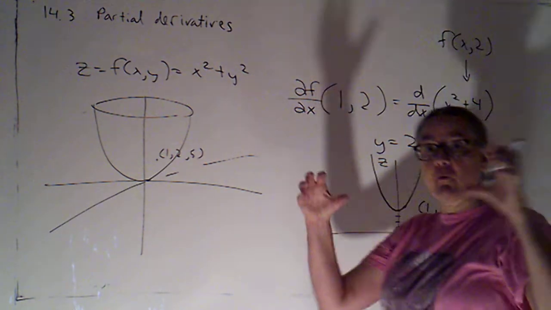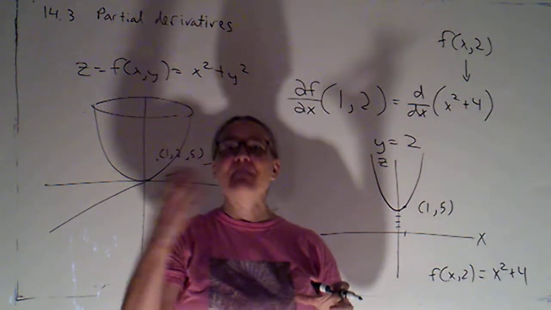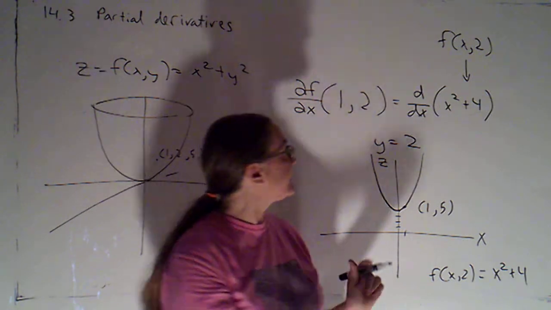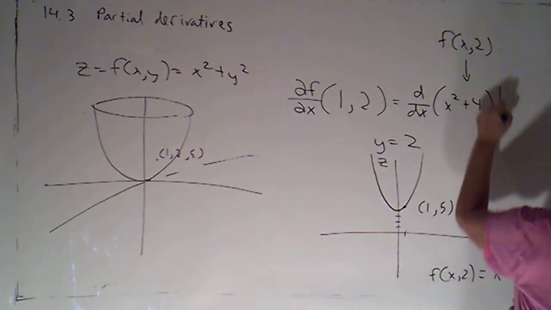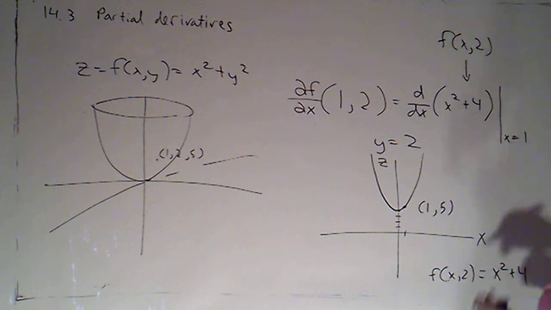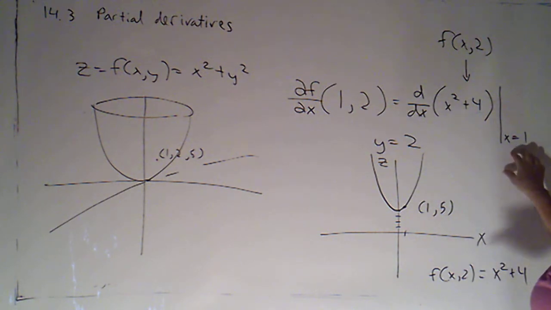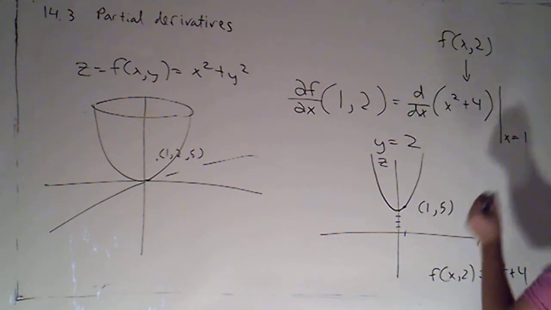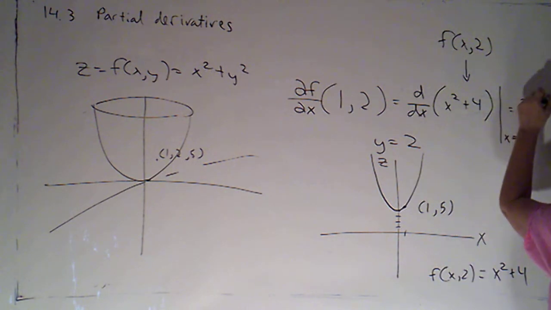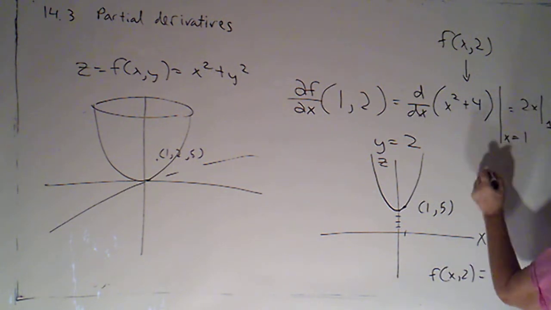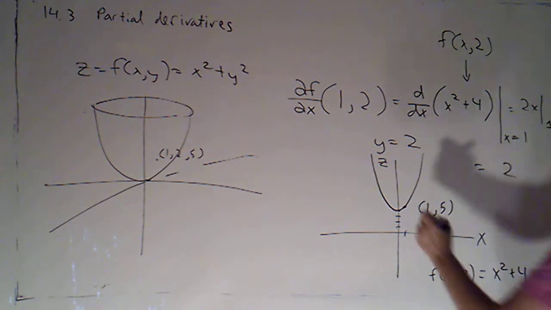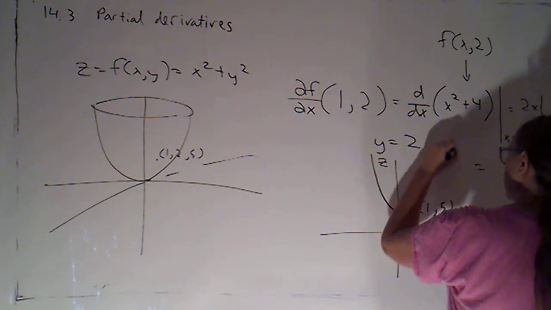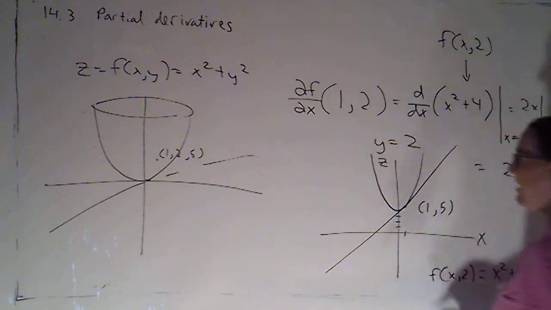That's the function of one variable I created by holding my y value constant at 2, and I just need to evaluate that when x is equal to 1. Okay, all right, well, I can do that. That's going to just be 2x evaluated at 1, and so that's going to be 2. Notice, that's the slope of this tangent line.